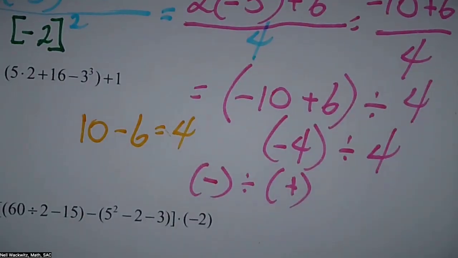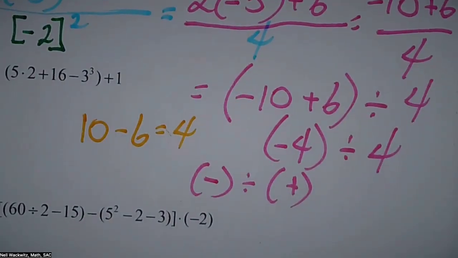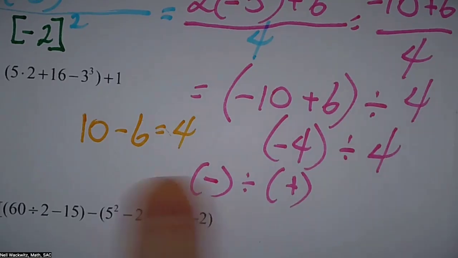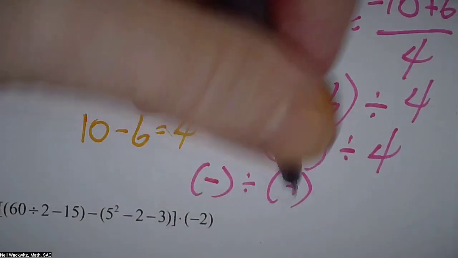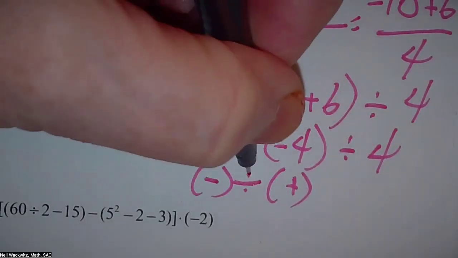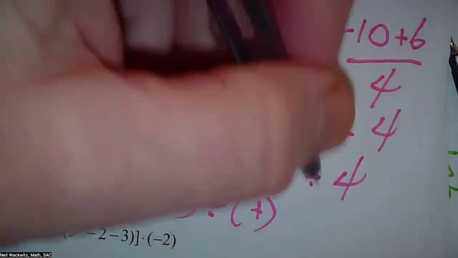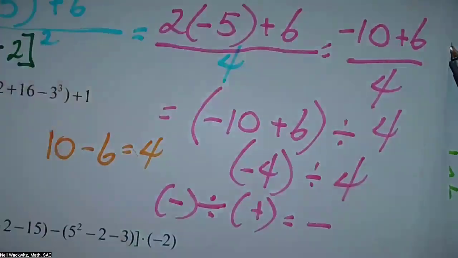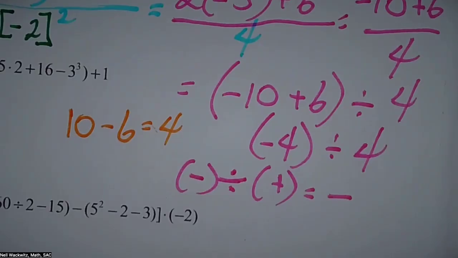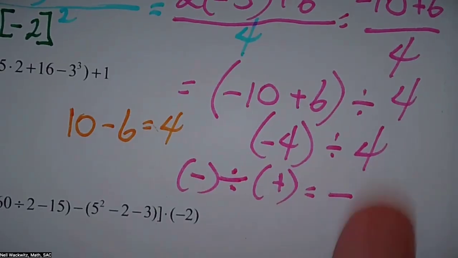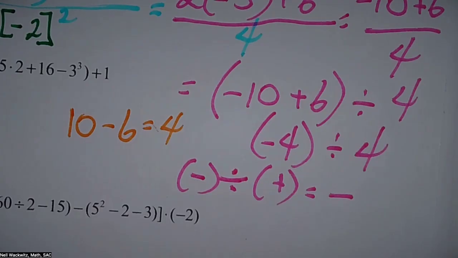What is that sign? Is a negative divided by a positive positive or is it negative? Negative. Good. Now I can ignore the signs and it's much easier. 4 divided by 4. 1. Perfect.